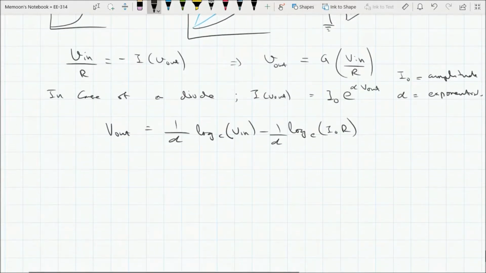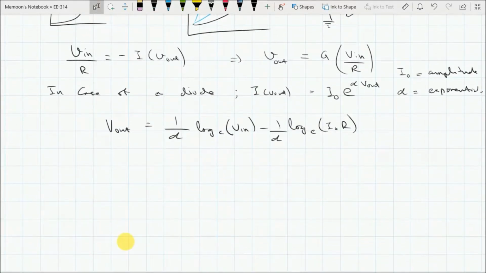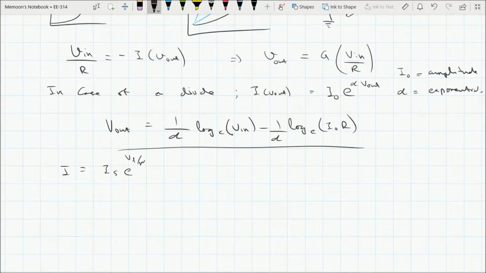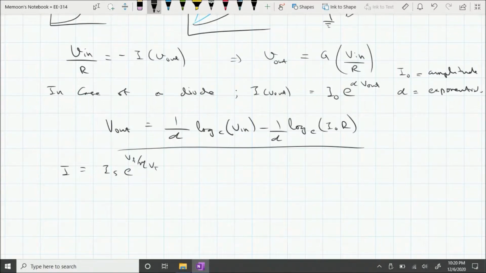Alternatively, if we consider the exact equation where I is equal to Is e raised to the power Vf over eta Vt, here Vf is the voltage across the diode, Is is the diode saturation current, which is a constant, and eta is the temperature coefficient, which is a constant.